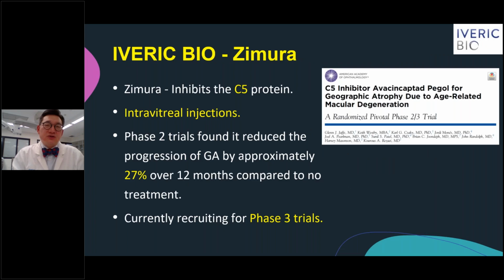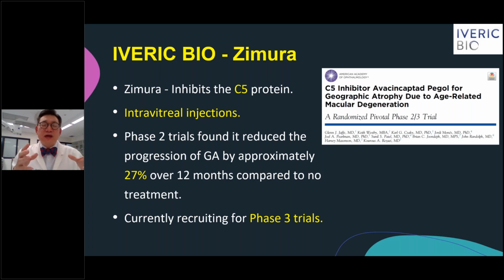This is another drug. It's called Zimura, and this Zimura is targeted at the C5 protein, complement 5, and it's also given by injections inside into the eye, like we do for wet macular degeneration. This trial was also encouraging, and in the phase 2 trial, it found that the drug could reduce the progression by 27% over the 1 year compared to no treatment.